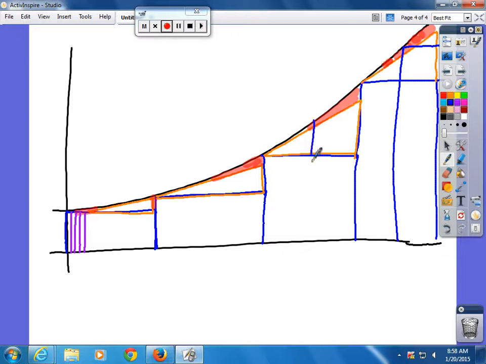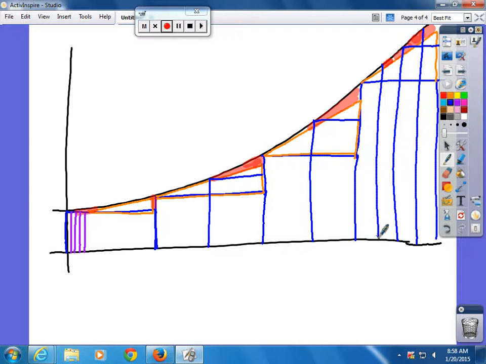Like so. And then you say to yourself, well, what's wrong with that picture? Well, that's not going to do it. We still have the triangles. So what you do is you break those in half. And what happens to the triangles as we keep breaking them in half?